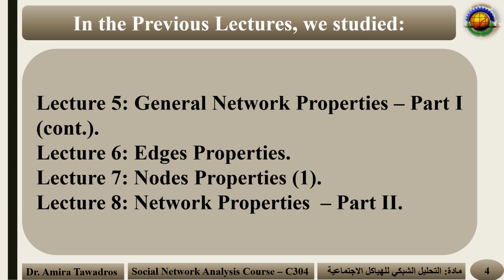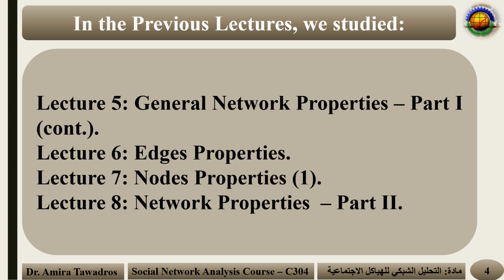In lecture 7, we studied some properties of nodes like the centrality measures, which are measures that tell me who is the most central node inside this network. In the centrality measures, we studied degree centrality for undirected networks, and in-degree and out-degree centrality for directed networks. We also studied betweenness centrality, and then eigenvector centrality.